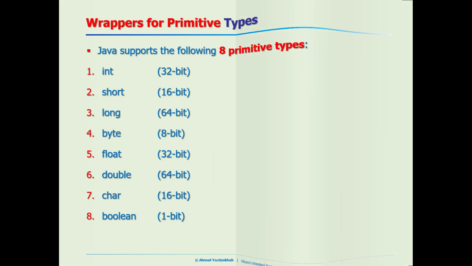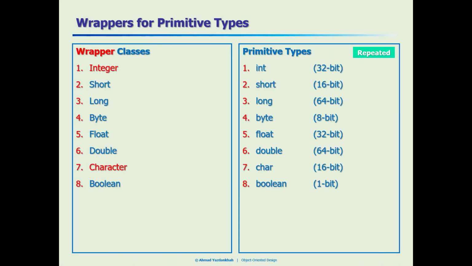Java created wrappers for all of these types. So these are the wrappers. Because these are primitive types, sometimes we need classes of the same nature. These are called the wrapper classes for primitive types.